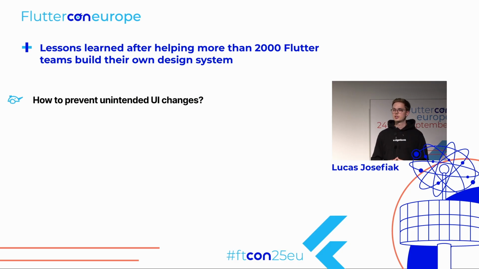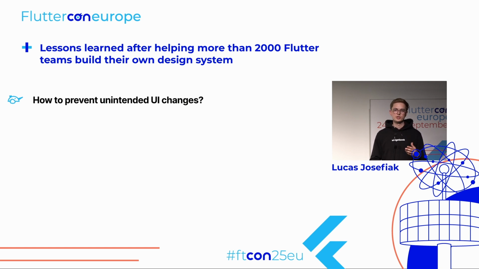What is really important here? It's really important that you always track all the changes that you make to your design system. And when you're making changes to the design system, those changes are in the end visual. And the question is, how do we prevent unintended UI changes?